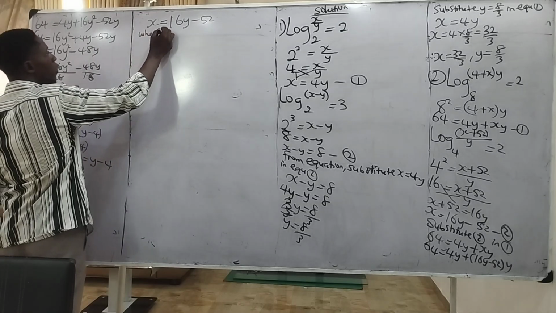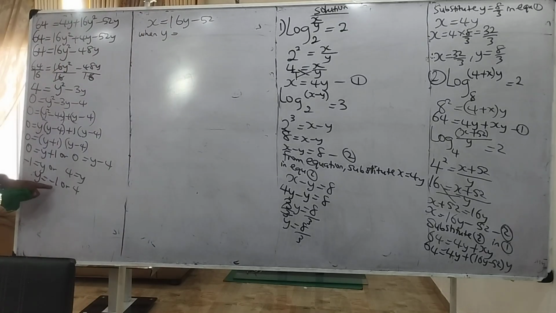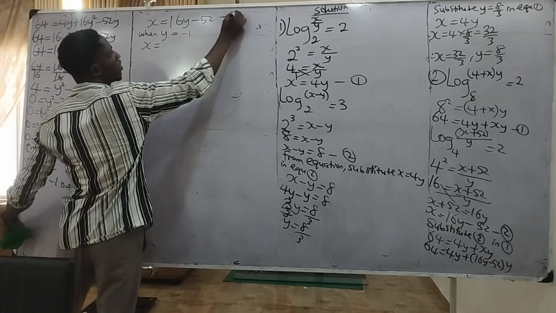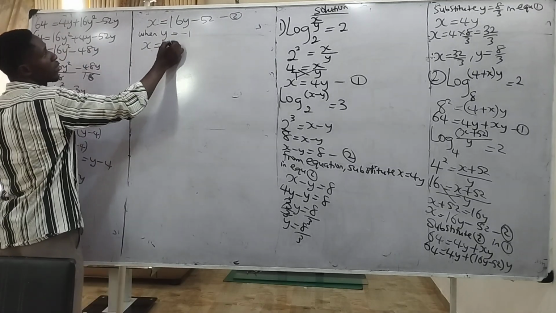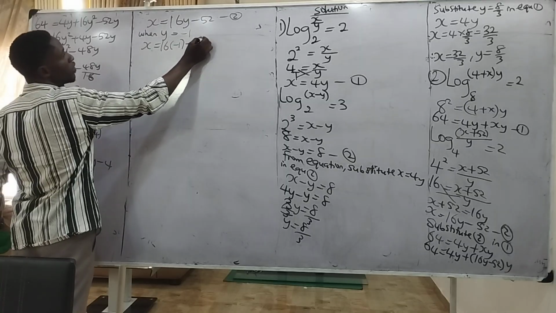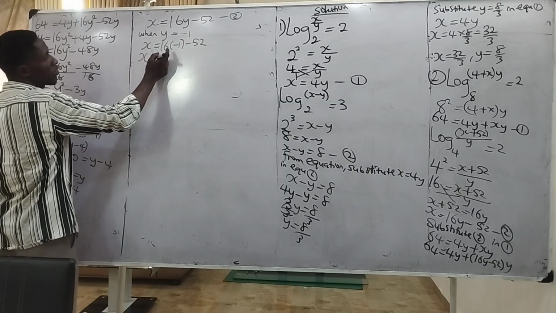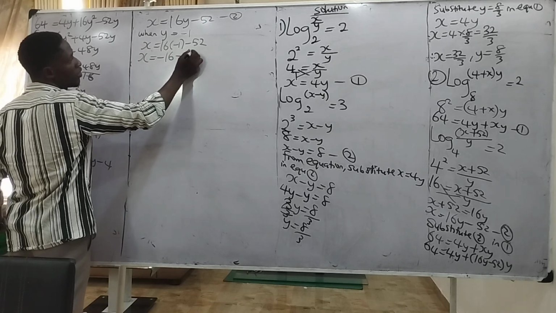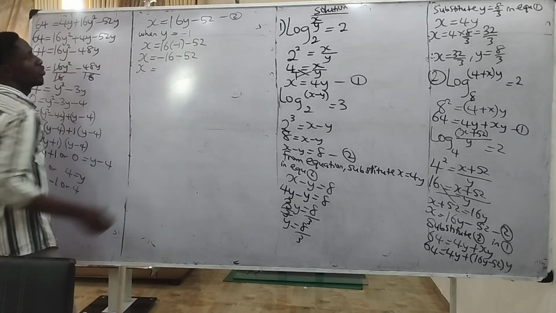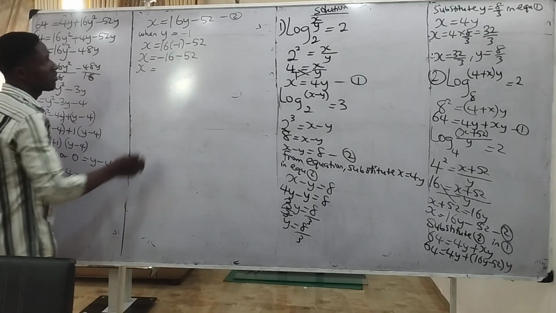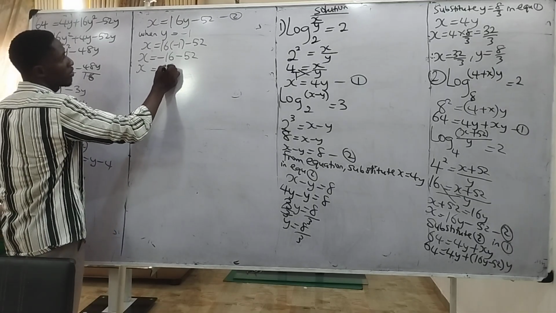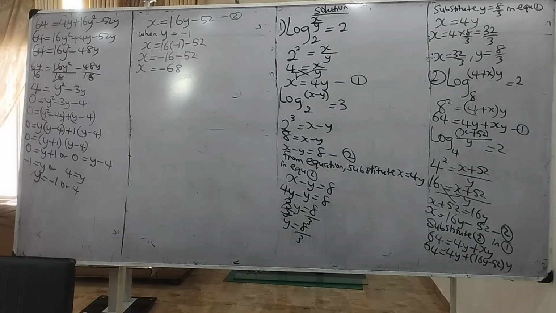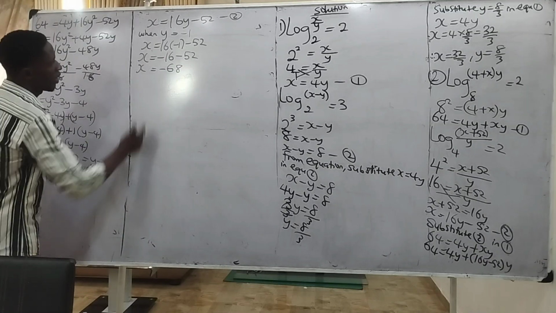When y is equal to, let's pick minus 1, x is equal to 16 times (minus 1) minus 52. 16 times minus 1 is minus 16, minus 52. Our x is equal to minus 68, because 2 plus 6 is 8. Then this is minus 68.